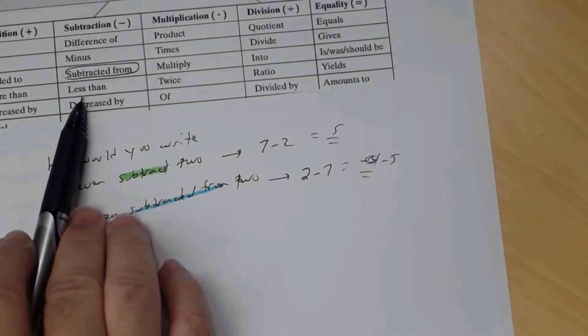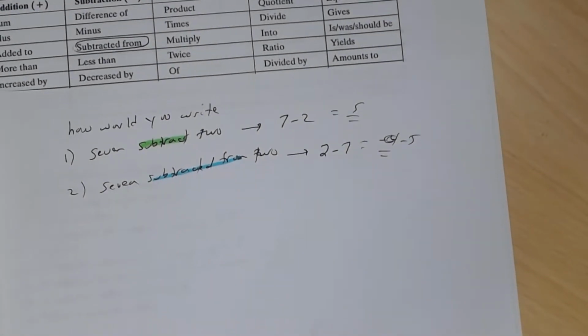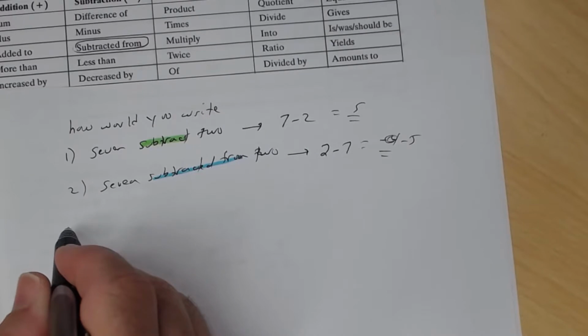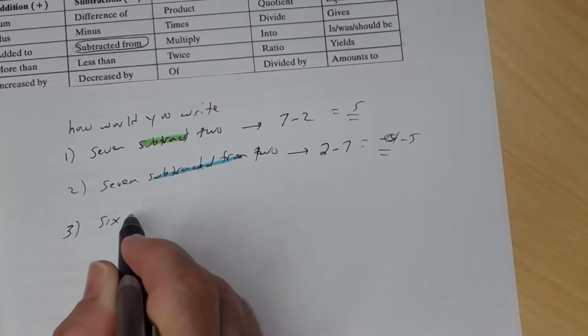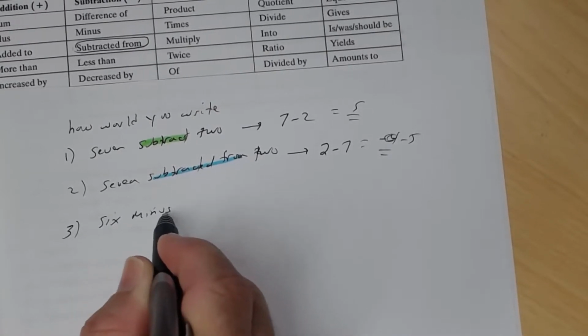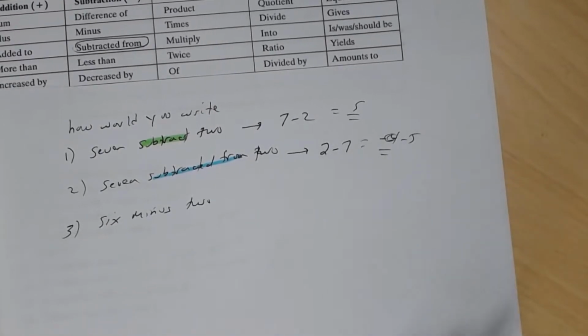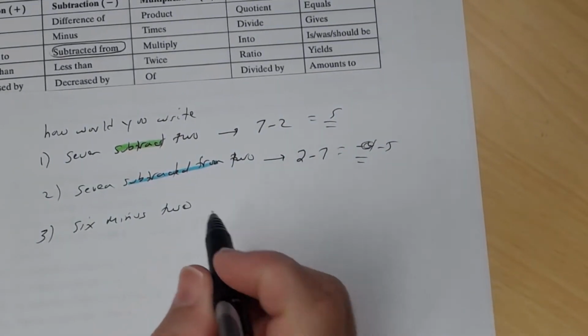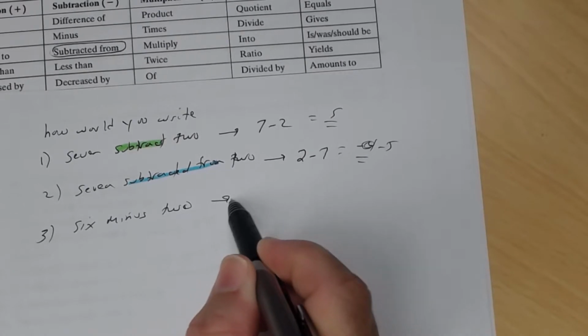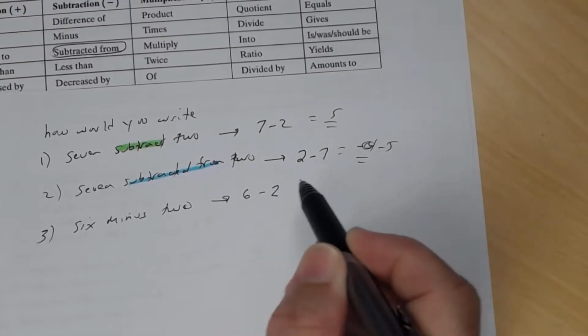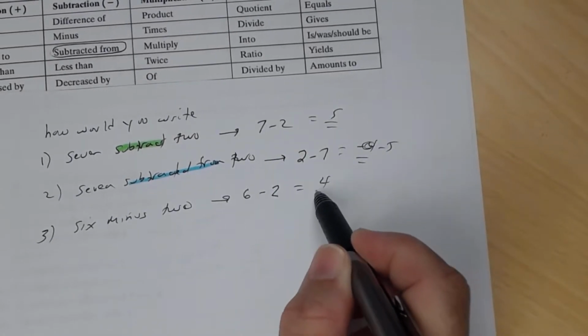Same thing with less than. So let's talk about less than. So if I say 6 minus 2. Just like with the word subtract, 6 minus 2 is going to be the same thing. So you're going to say 6 subtract 2. And so 6 subtract 2 is just 4.